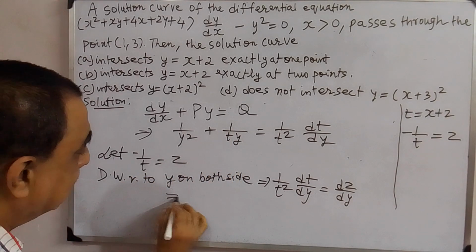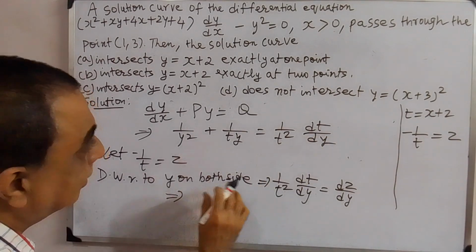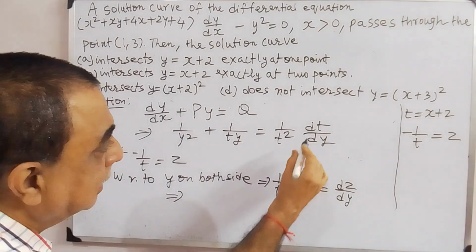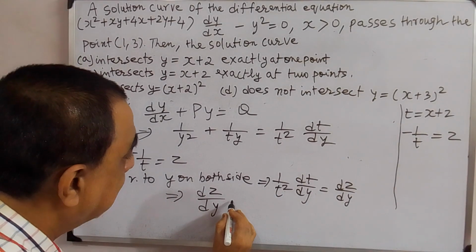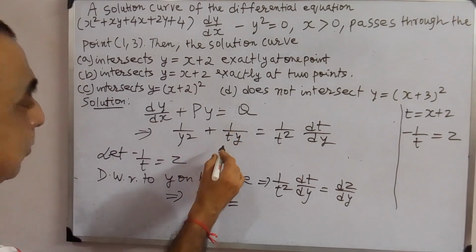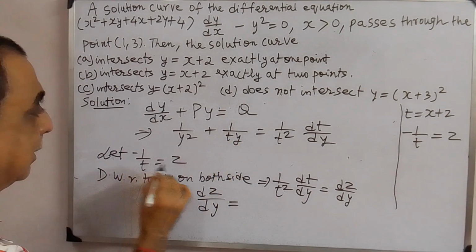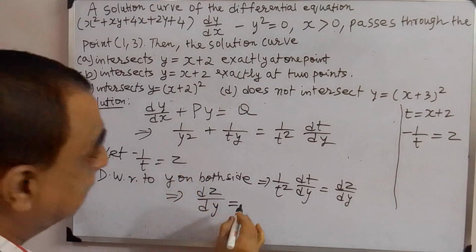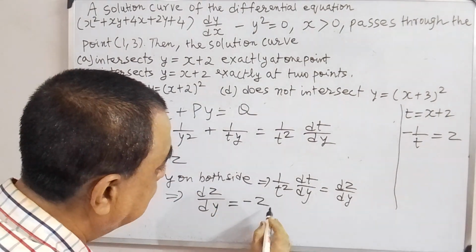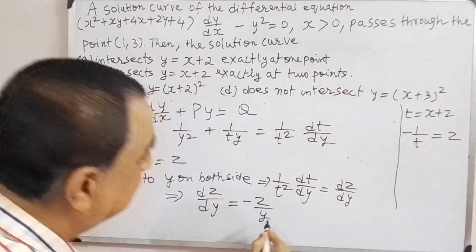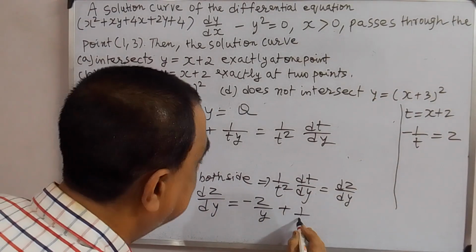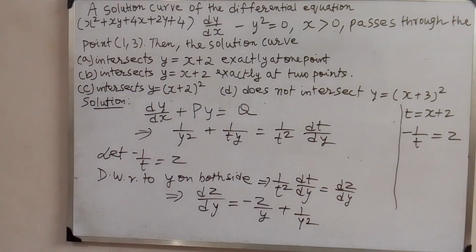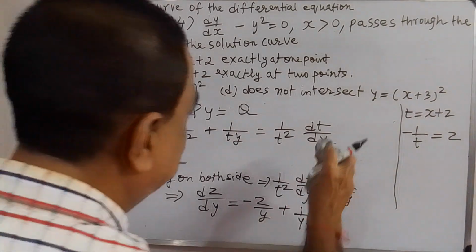So we get dz by dy, then minus z by y, and plus 1 by y squared. Clear?